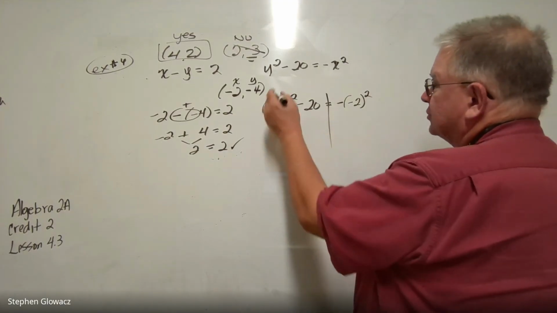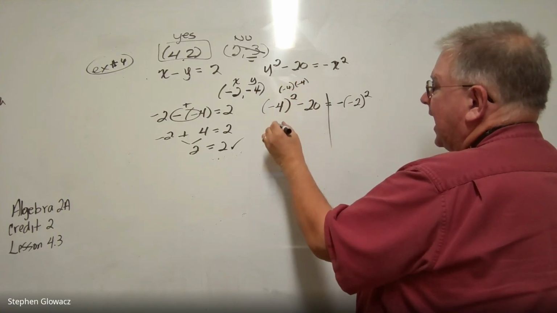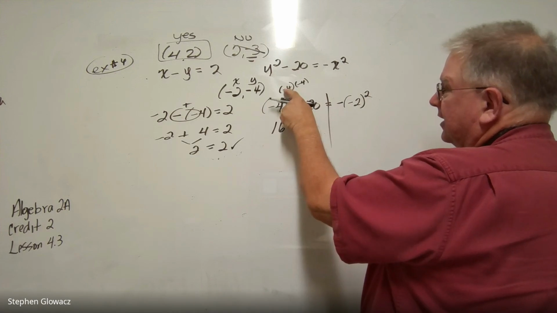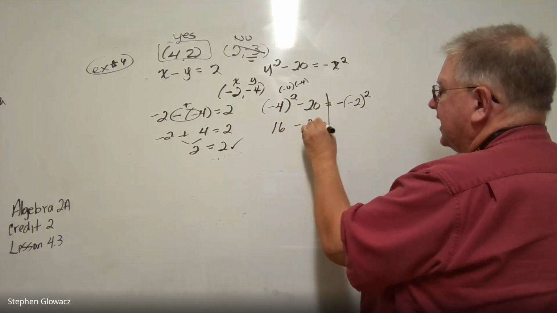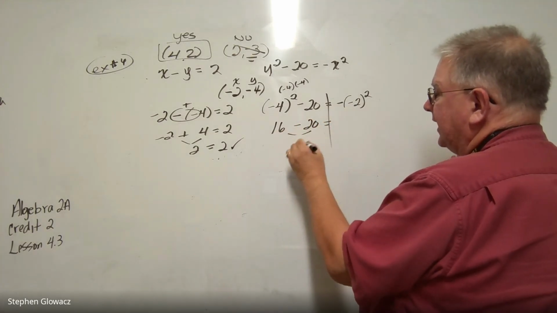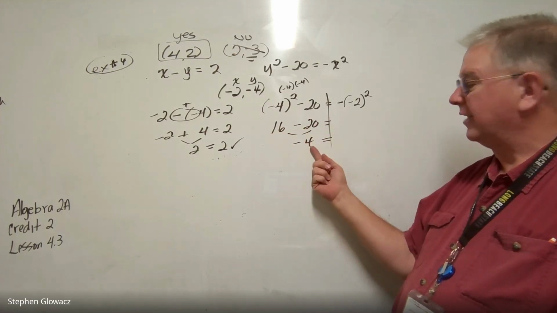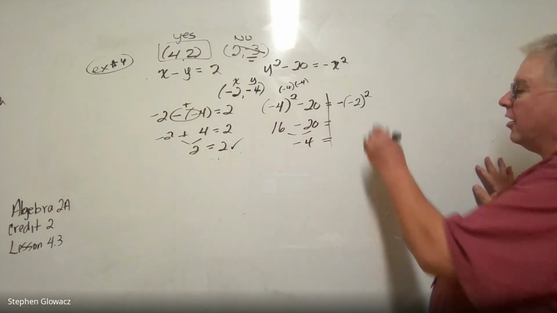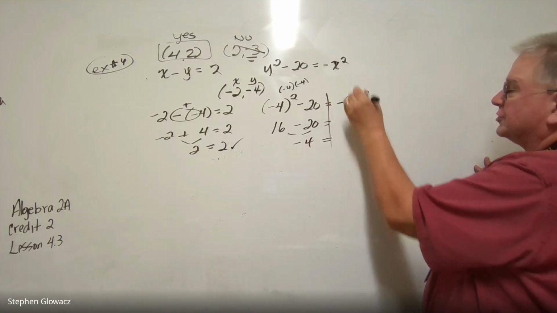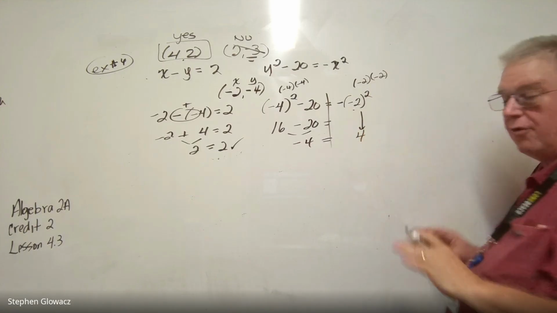So negative 4 squared means negative 4 times negative 4, which is a positive 16. 4 times 4 is 16. A negative times a negative is a positive. And then 16 minus 20 is negative 4. The signs are different, so we subtract. We get 4. Larger number is negative, so negative 4. Here we have negative 2 squared, which means negative 2 times negative 2, which is a positive 4.